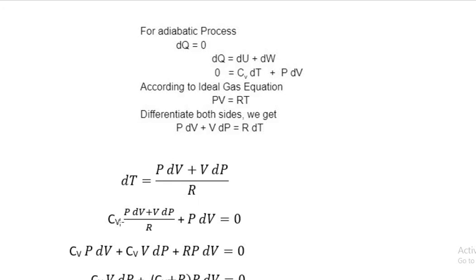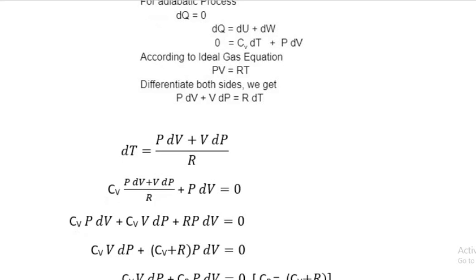So we get Cv into (P dV plus V dP) divided by R plus P dV is equal to 0. Now you multiply inside and take LCM.